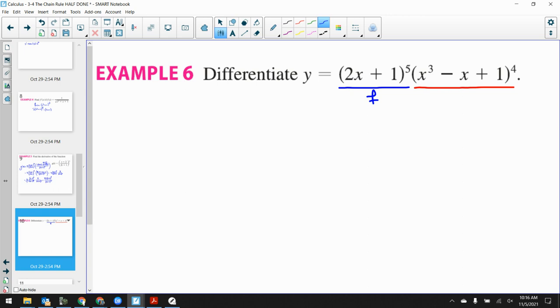I'm so excited. All right, now understand that there is a different option. I would strongly encourage you not to take this option. However, could we take 2x plus 1 to the fifth power and multiply it all the way out? Sure. Could we take x to the third minus x plus 1 and multiply it all the way out to the fourth power? Sure. And then multiply those two giant polynomials together?